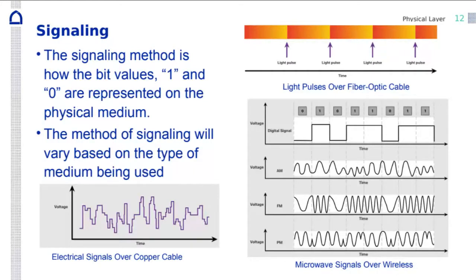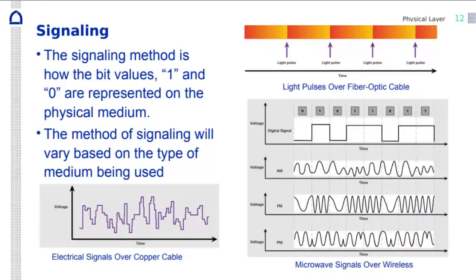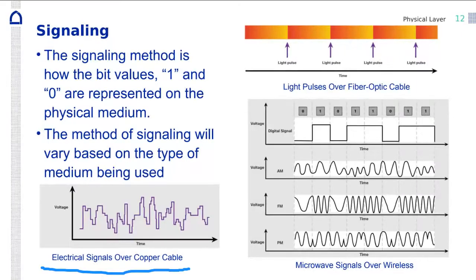We have another example here for microwave signals over wireless. You can see on the left side of this diagram, we have electric signals over copper cable. You see how the value of the signal is changing.